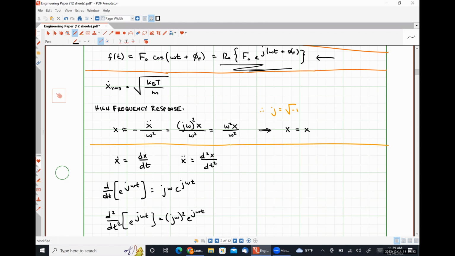Okay, so we have talked about the frequency response of the system, both in a low frequency regime where omega is significantly less than the resonant frequency, and the high frequency regime. Now we're going to shift gears to the time domain response.